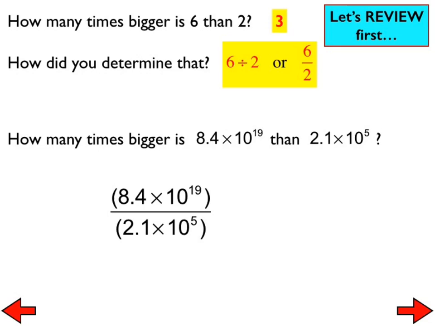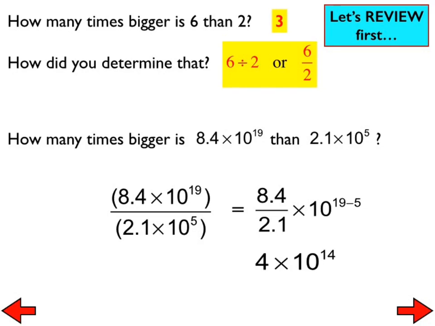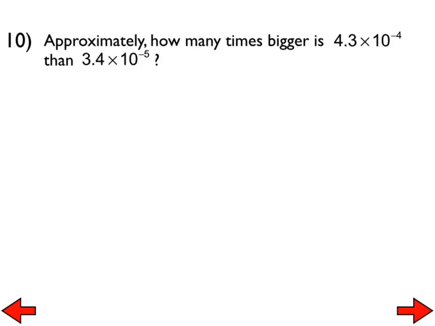If we use the idea of division, that's one of the reasons why we have division, we can quickly figure out that 8.4 times 10 to the 19th is 4 times 10 to the 14th times bigger than 2.1 times 10 to the 5th. So now, let's go back to this question that I just asked you. Approximately how many times bigger is 4.3 times 10 to the negative 4 than 3.4 times 10 to the negative 5? Figure that out, please.